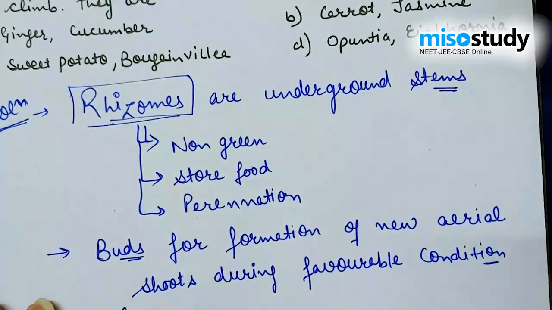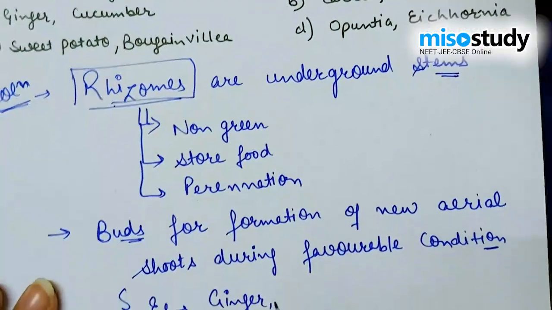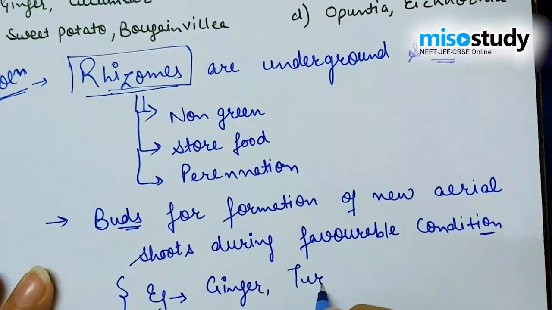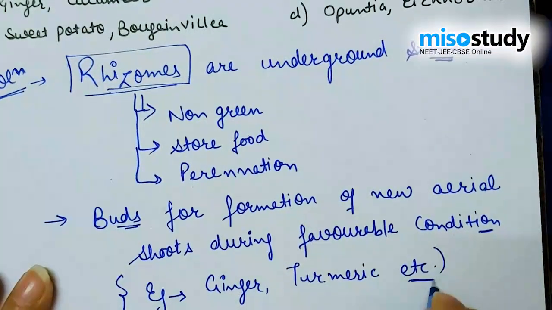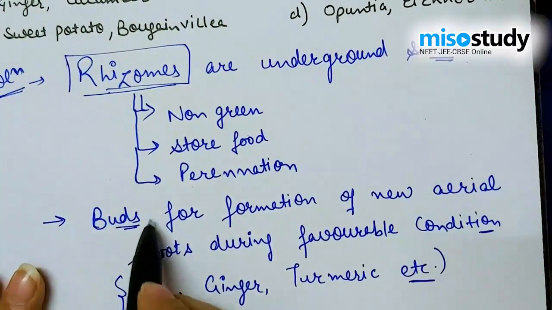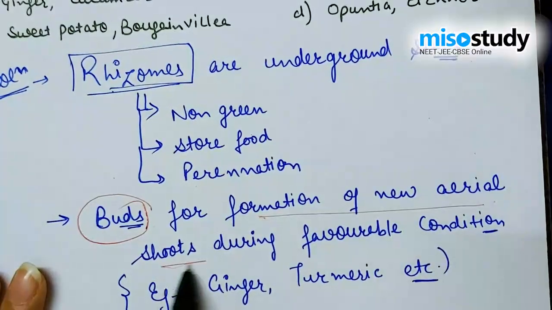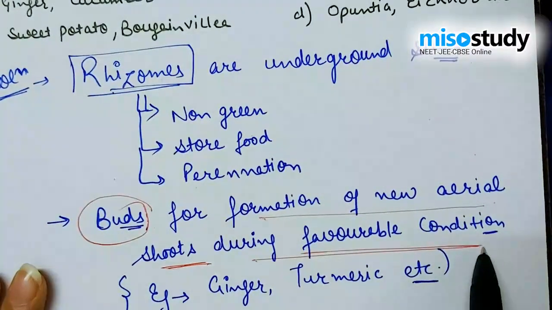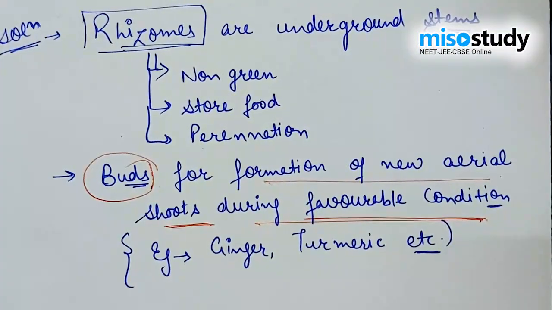For example, ginger, turmeric, etc. Rhizomes possess buds for the formation of new aerial shoots during favorable conditions, the condition in which the plant grows to the maximum rate.